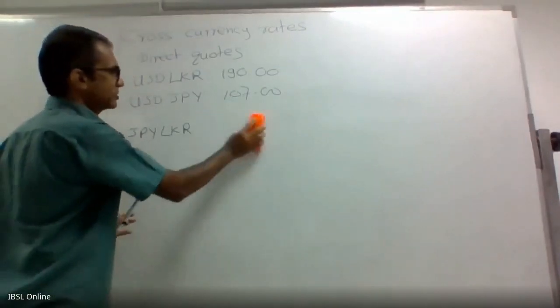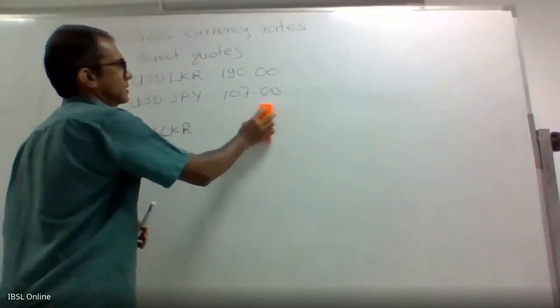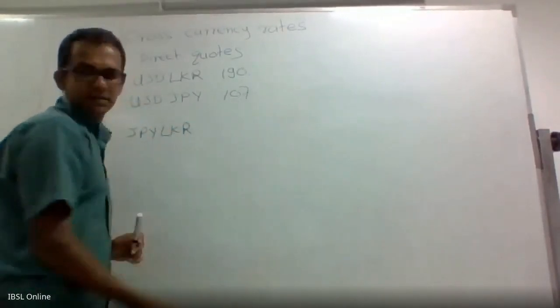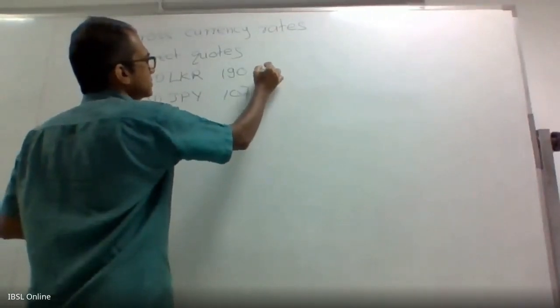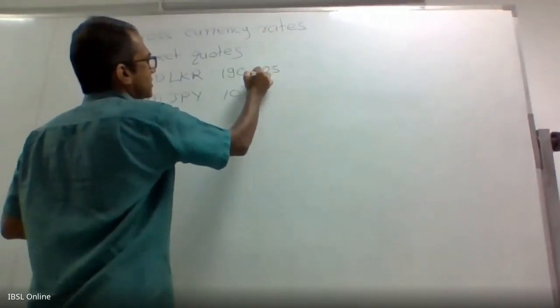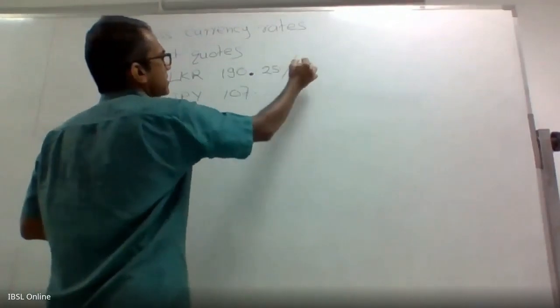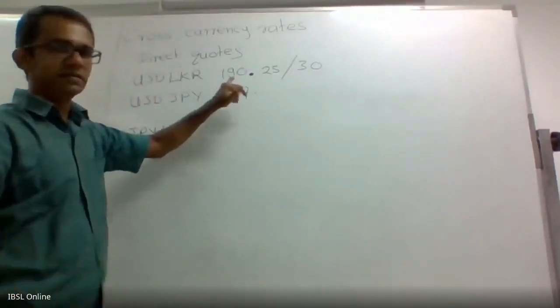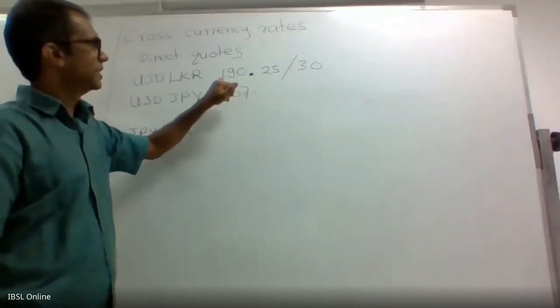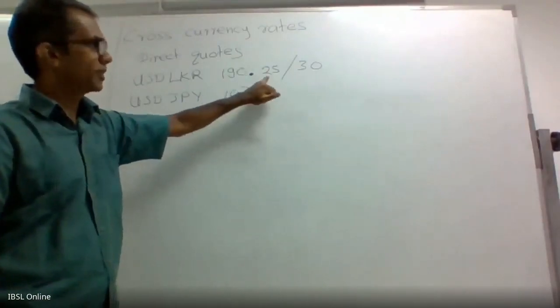Now I am going to introduce bid offer. USD LKR 190.25/30. What does it mean? Bid exchange rate is 190.25.